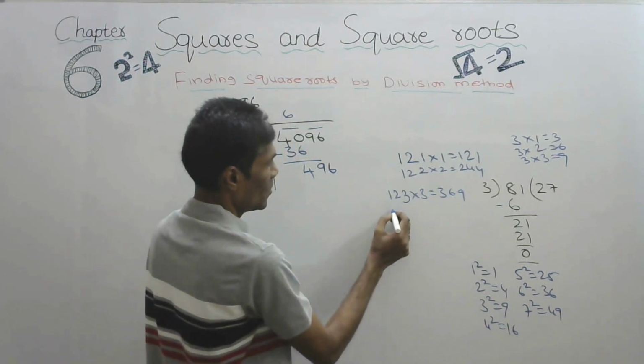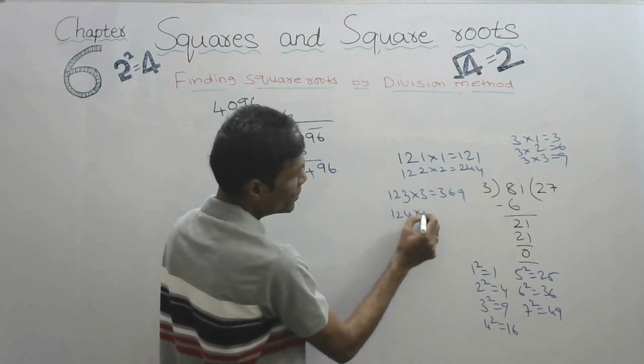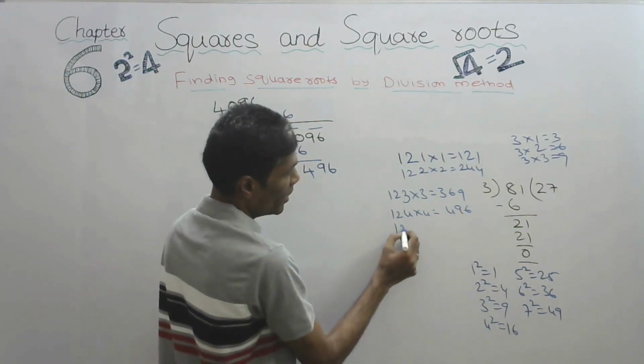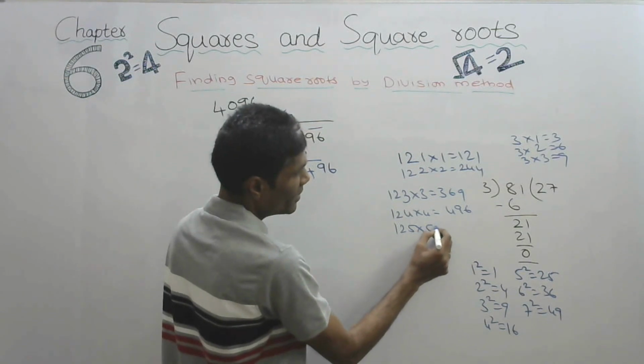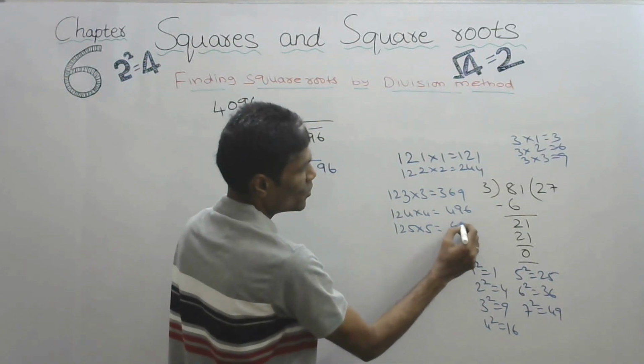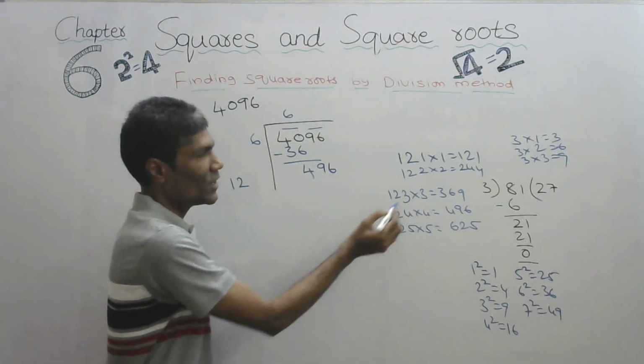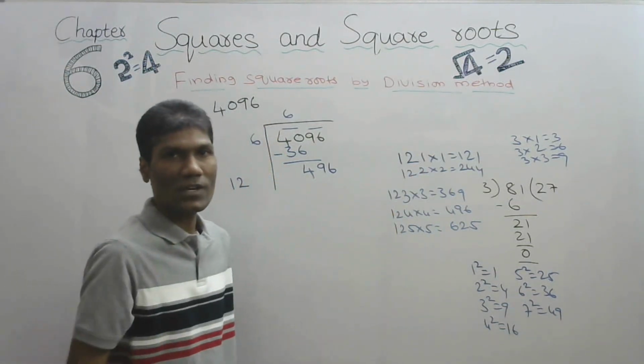369. 124 fours are 496. 125 fives are 625. Like this we will take. 496. Where is this? 124 fours are 496.